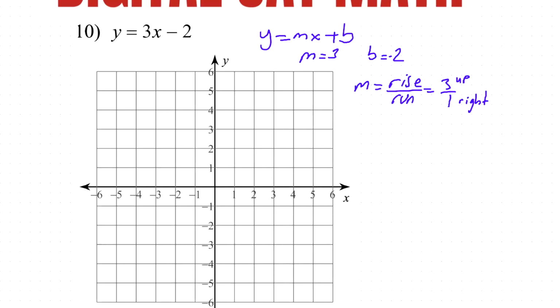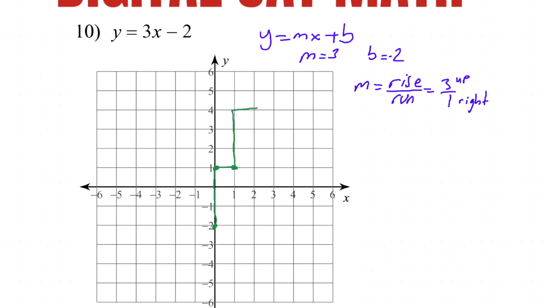Here it is. From here, I'm going to start and I will just go 3 steps up. 1, 2, and 3. Okay, and then 1 step to the right. It is 1 point. And from this point, I will just go again 3 steps up and 1 step to the right.